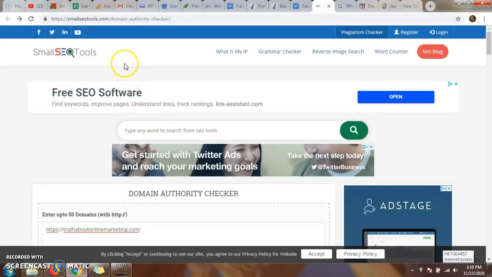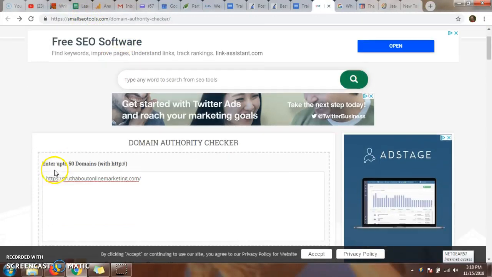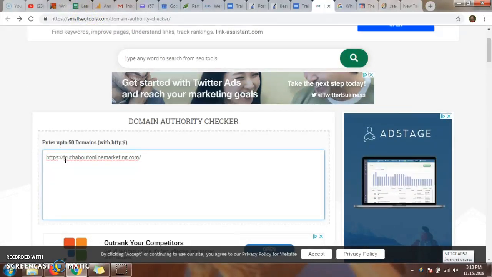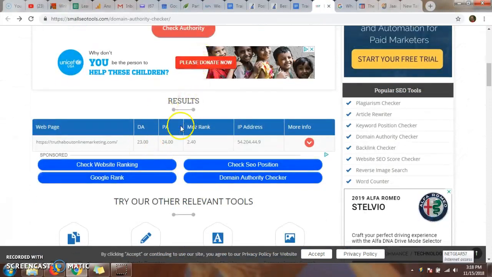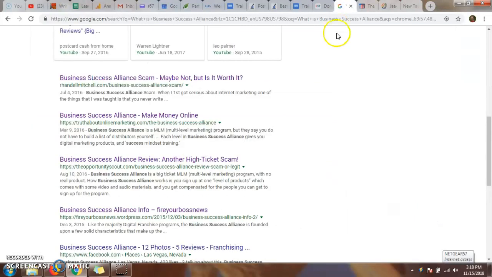If I go to this Small SEO Tools, which I've linked in the training, I've already checked the authority, and you see that it's 23. Ours is 36 currently, so it's easier to rank if you write a good quality article and outrank that competition. That's what I wanted to show you about that.